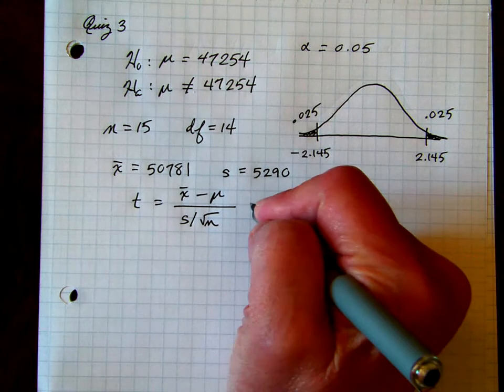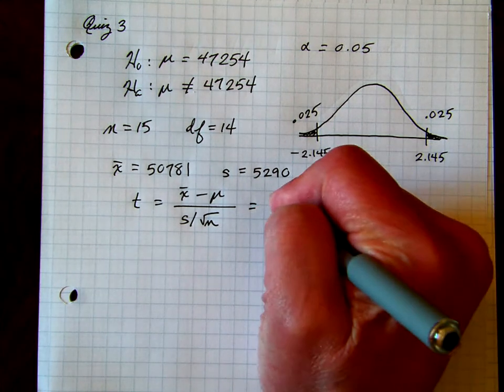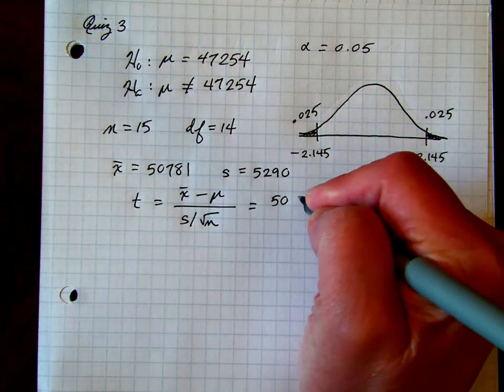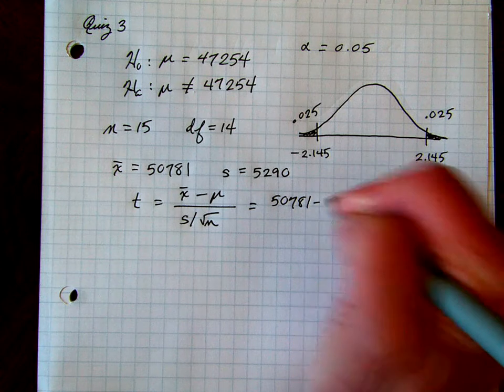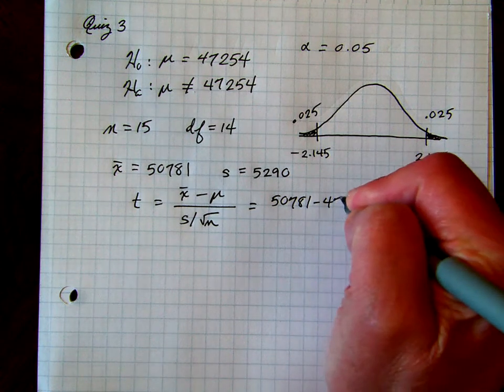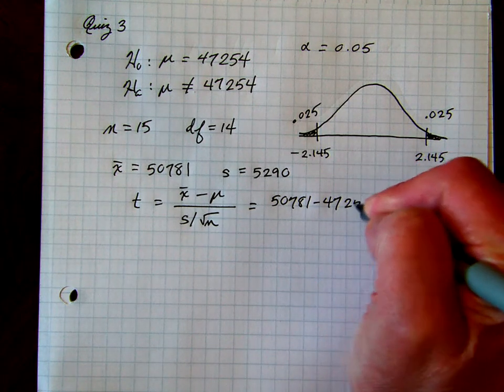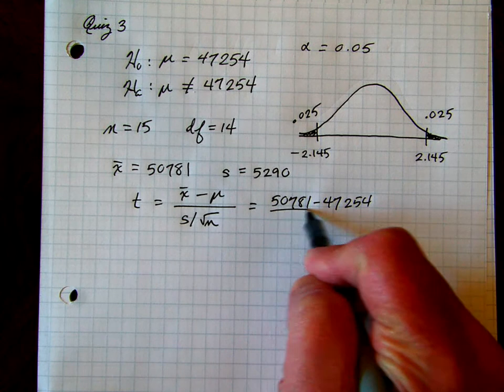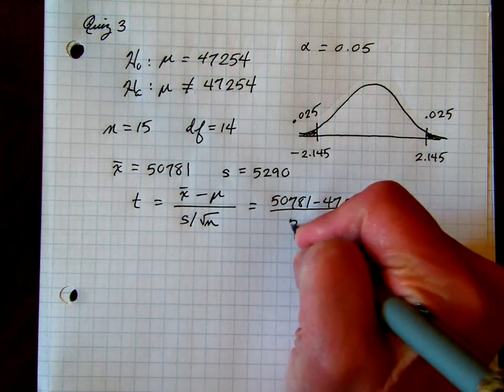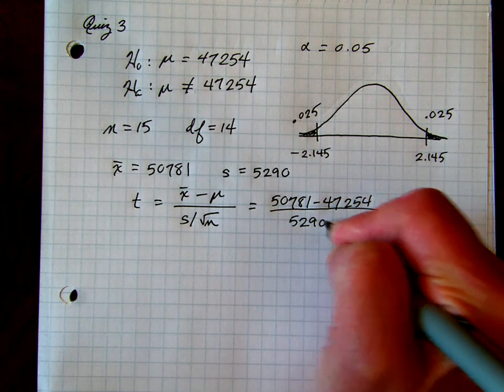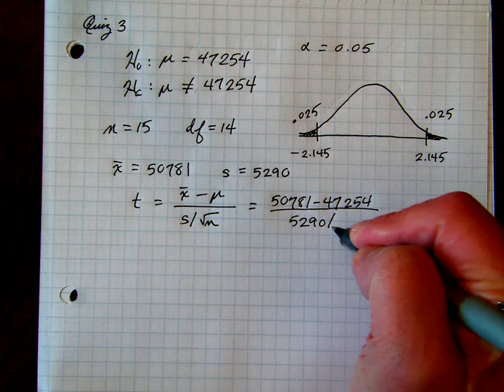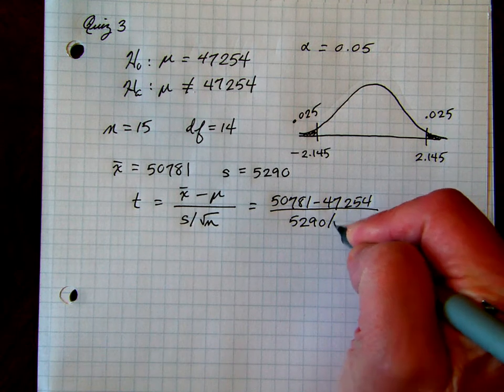When we put all of this together, we have 50,781 minus 47,254, all divided by 5,290, all divided by the square root of 15.